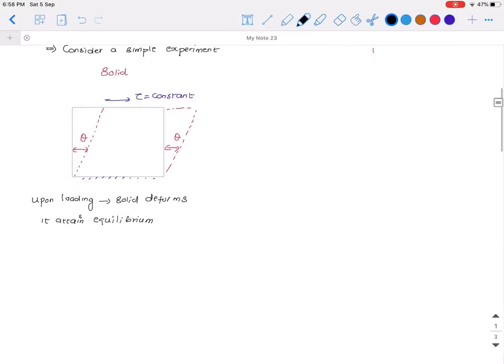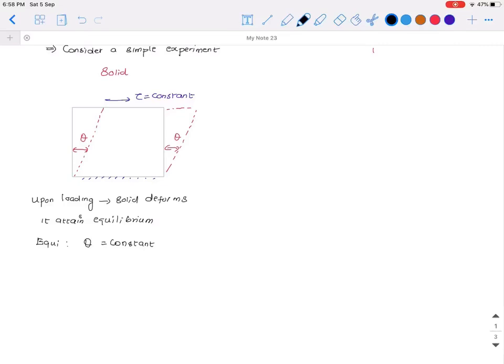Under equilibrium, theta is constant. The solid deforms to a particular amount of theta for a given loading, and when the body attains this, we say that it is in equilibrium.